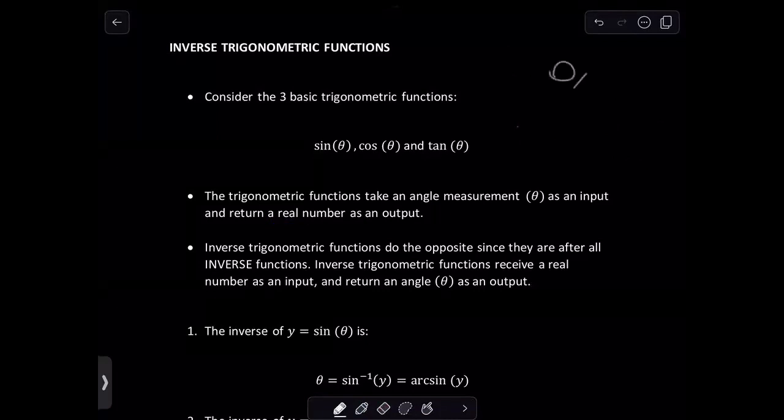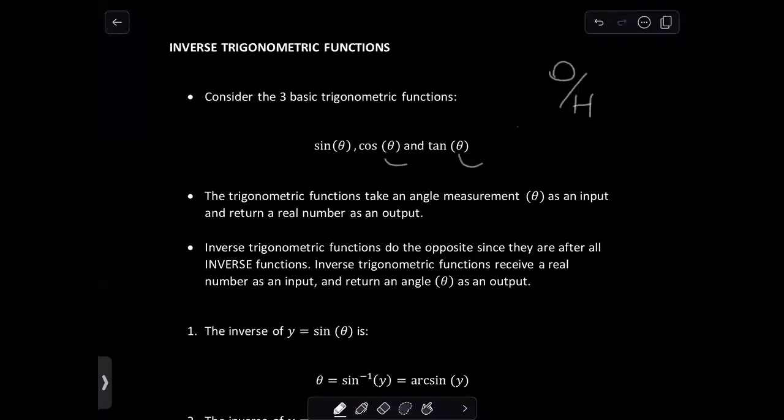For example, sine is opposite over hypotenuse, cosine is adjacent over hypotenuse, and tangent is opposite over adjacent. That real number is the ratio of those sides simplified. So that's just a brief refresher on what the trig functions actually do. They take an angle and they return a real number as an output.